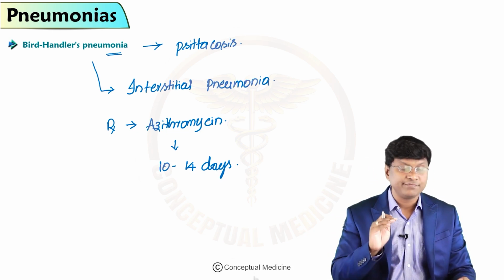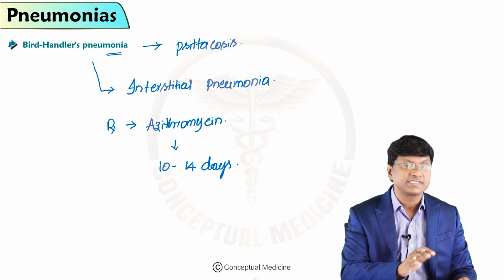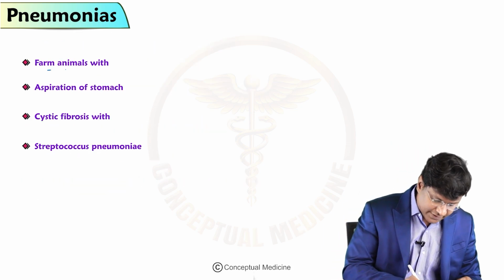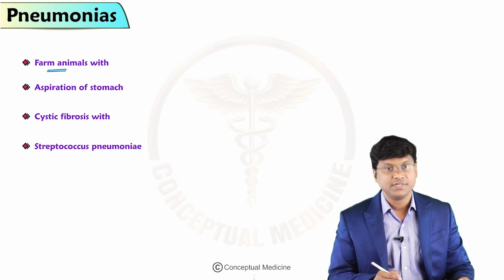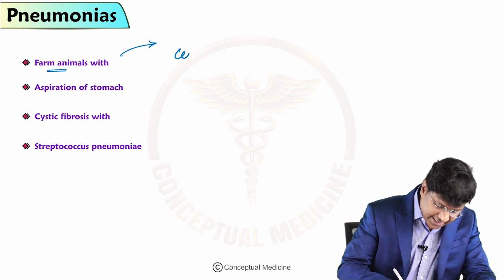So if the individual has risk of getting exposed to birds, the organism that will cause pneumonia is Chlamydia psittaci. If the individual has risk of exposure to farm animals, then the organism causing pneumonia will be Coxiella burnetii.